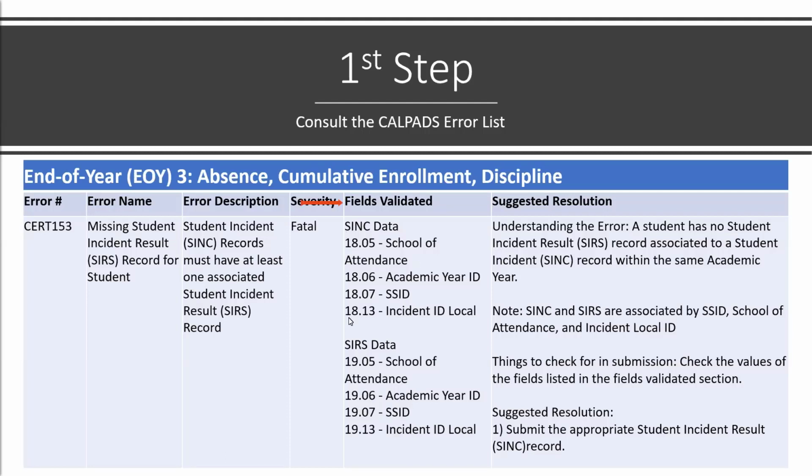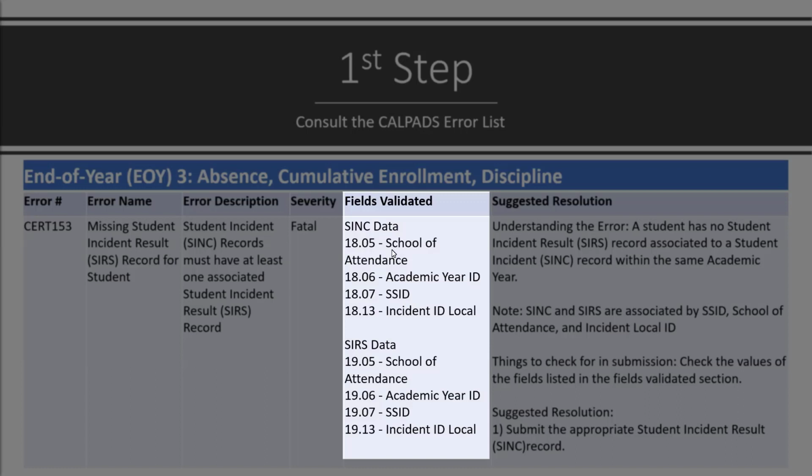The fields validated tell you where a discrepancy may lie and how the student incident records, the SINC data, is paired with the student incident result or the CERS data. And so for every SINC record, there must be a corresponding CERS record with the school of attendance.